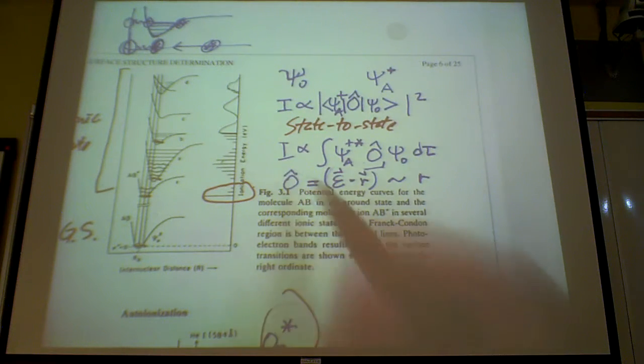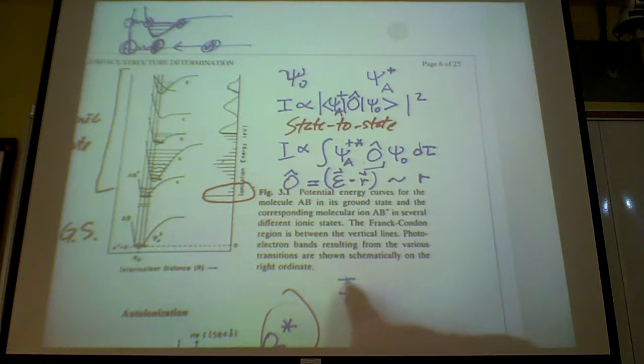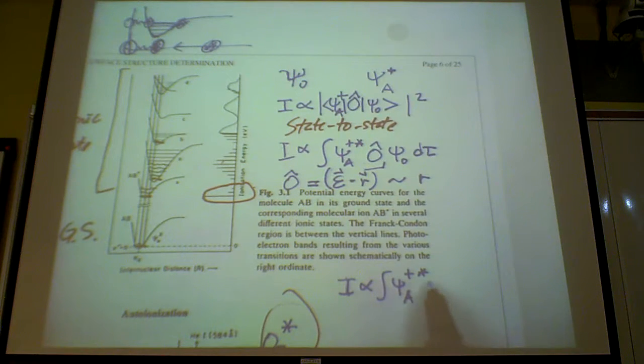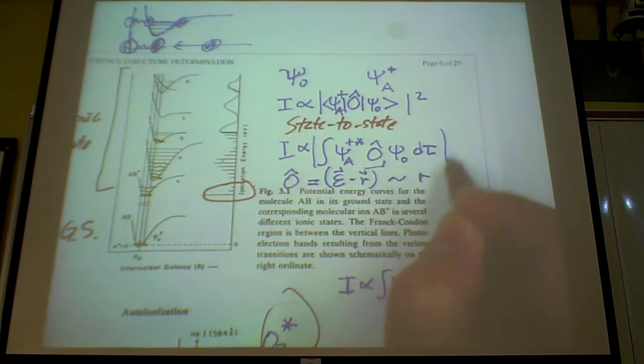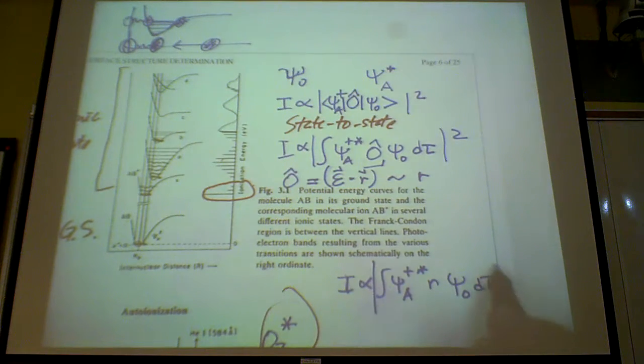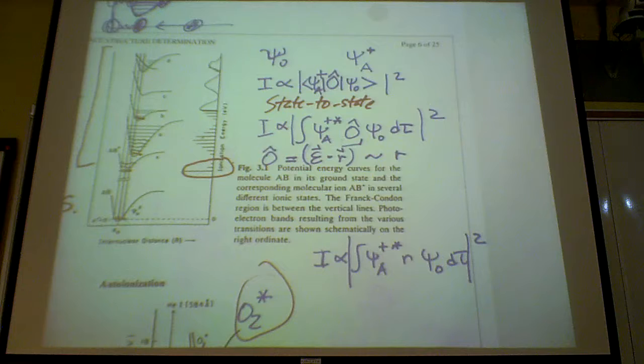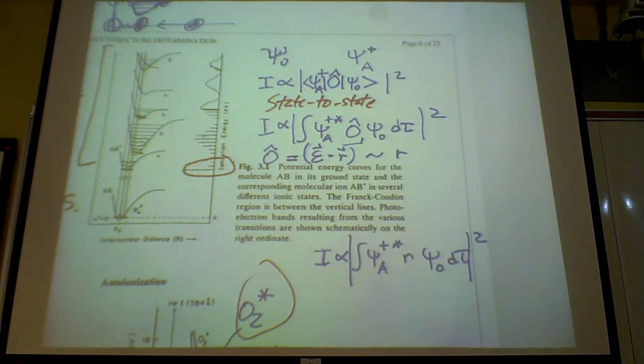So basically what you got is essentially I proportional to some integral of this state, little r, psi naught d tau, and all squared. So the intensity would be proportional to this integral, right?